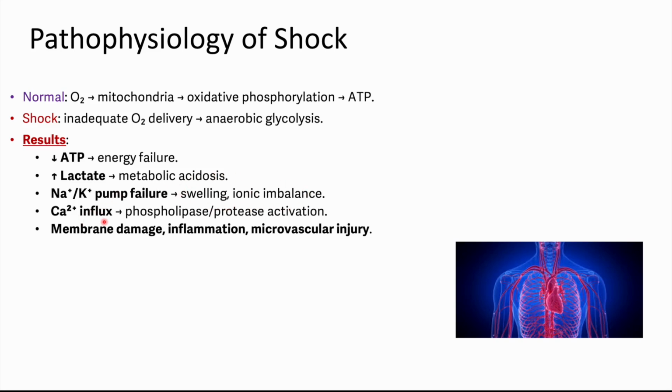Then there will be calcium influx, which causes phospholipase or protease activation. So actually, calcium influx activates destructive enzymes like phospholipase and proteases. Then this cascade damages the cell membranes and activates inflammatory pathways, setting the stage for multi-organ dysfunction.